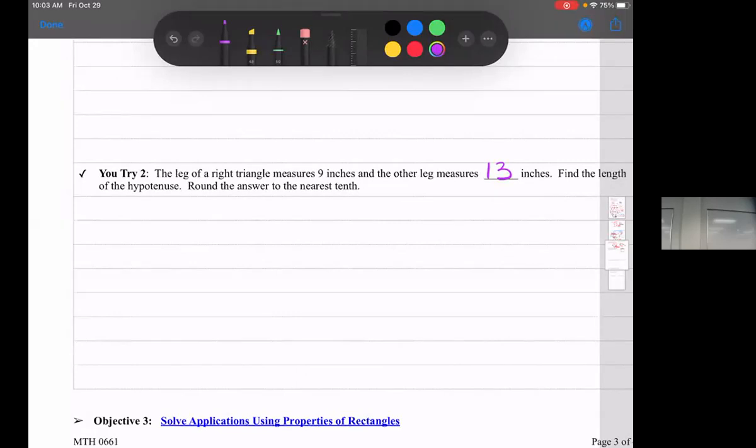Okay, you go to mode and you go to classic instead of math print. Don't pick math print, pick classic.